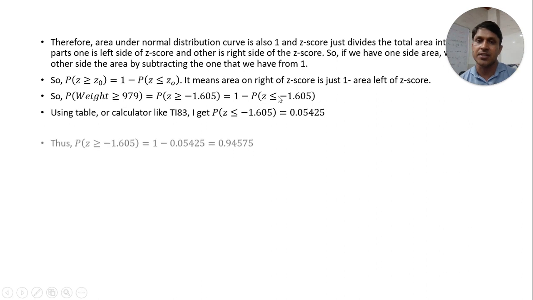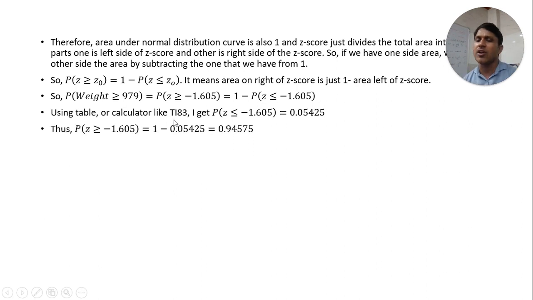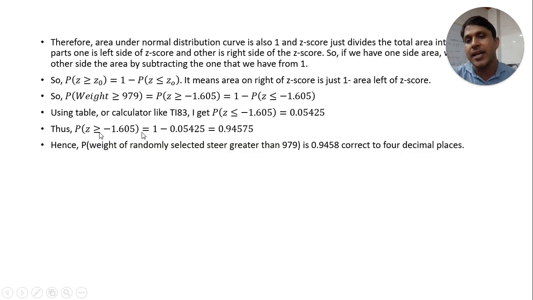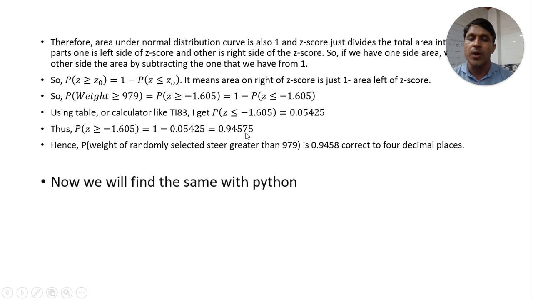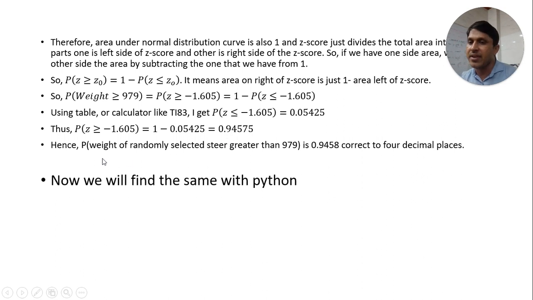Using a table or a calculator like the TI-83, I get P(Z less than negative 1.605) equals the left hand area, 0.05425. Thus P(Z greater than negative 1.605) equals 1 minus 0.05425, which equals 0.94575. Hence, the probability of the weight of a randomly selected steer being greater than this.